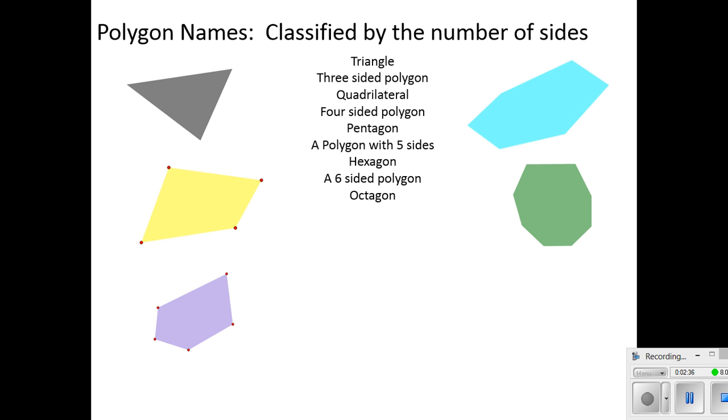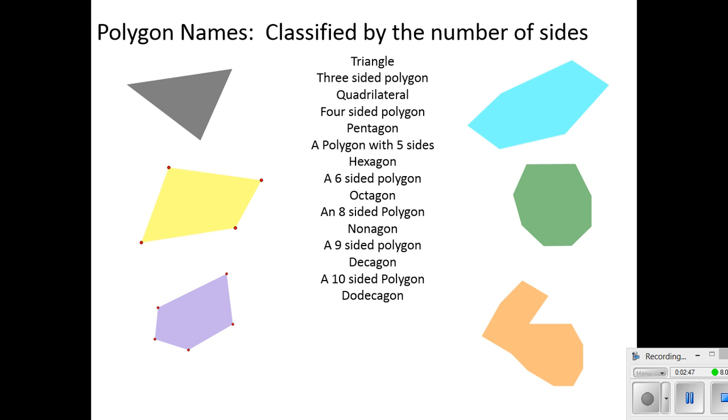Octagon, 8 sides, like your stop sign. Nonagon, 9 sides. Now, some of these are going to be unfamiliar names to you. Decagon, 10 sides. Dodecagon, 12 sides. And there's a concave dodecagon, as you can see. A 12-sided polygon is a dodecagon. In general, we just call them n-gons, where n is the number of sides.